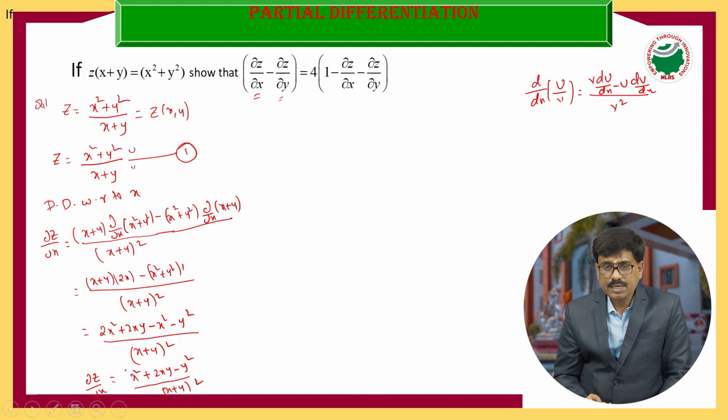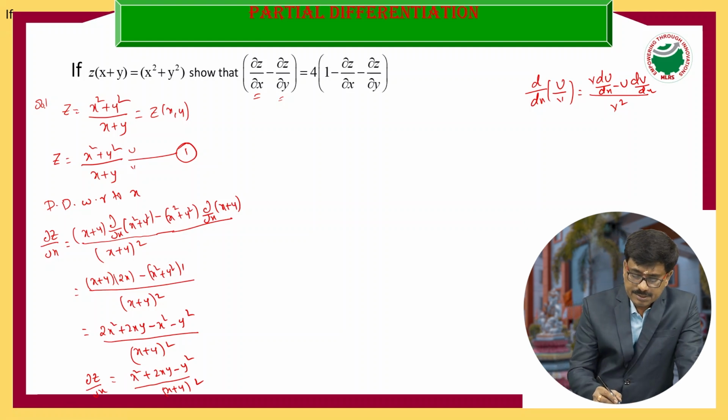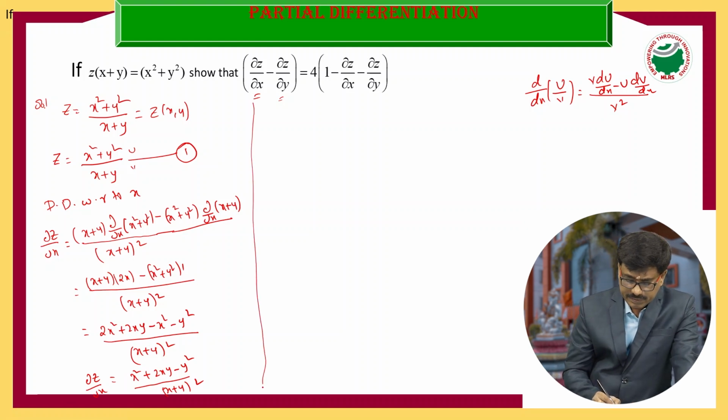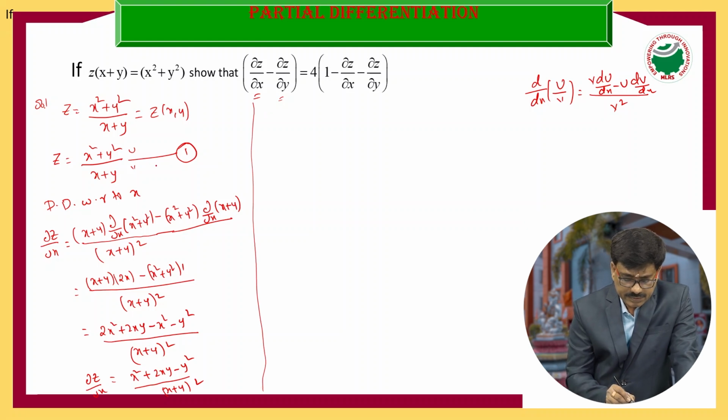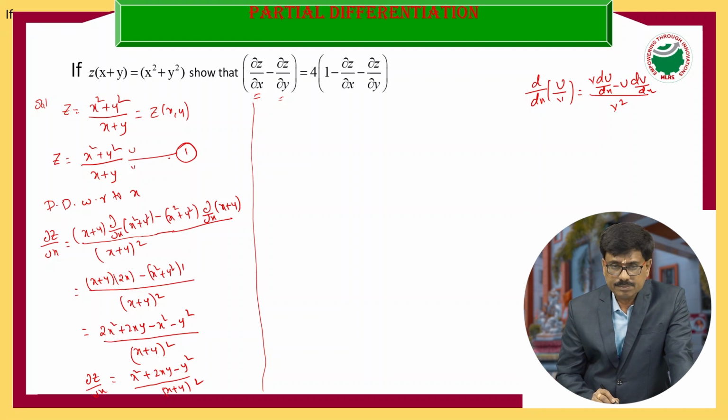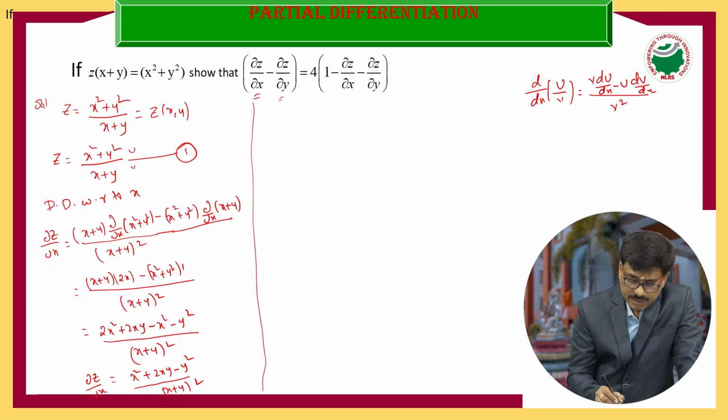I hope now it is clear how we calculate the partial derivatives of the functions of u by v. Similarly, we need to calculate for equation 1. What is equation 1? (x square plus y square) by (x plus y). We need to calculate the partial derivative with respect to y.